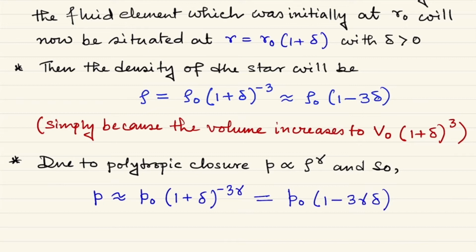You can also think of the position of the fluid particle, and rho 0 as the density of the fluid particle situated at r0.